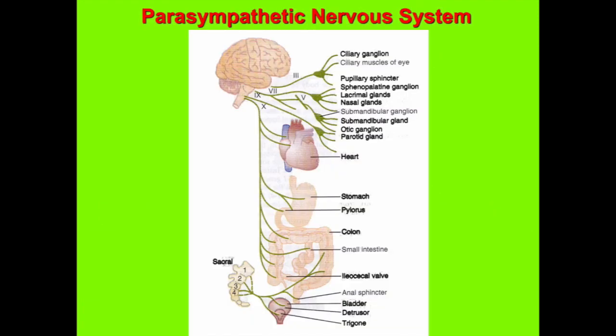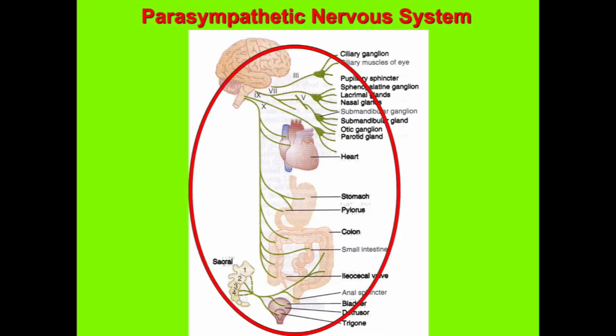So here's the anatomy of the parasympathetic nervous system. Notice that there's a number of cranial nerves involved on that side: 3, 5, 7, 9, and 10. Notice that the main one that we're really treating with our medications on the parasympathetic side is cranial nerve number 10.